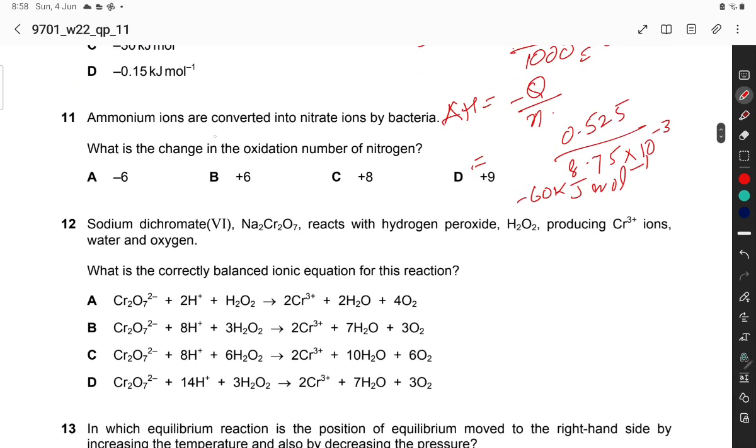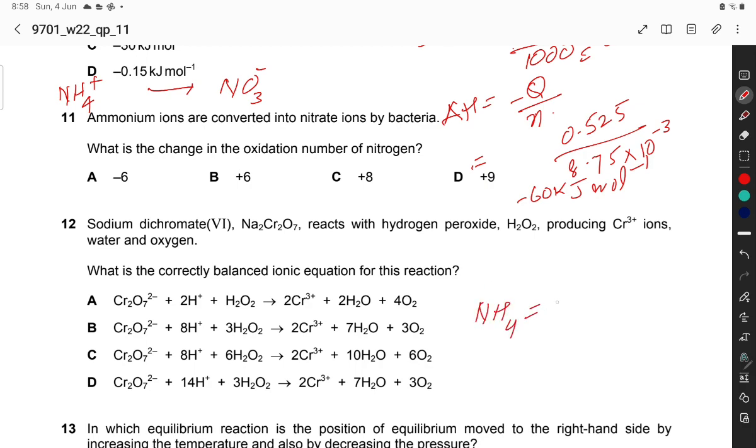Question number: ammonium ions are converted into nitrate ion by bacteria. What is the change in oxidation number of nitrogen? This is ammonium ion, NH4 plus, to form nitrate ion, NO3 minus.